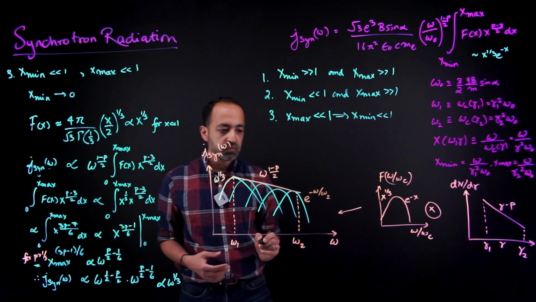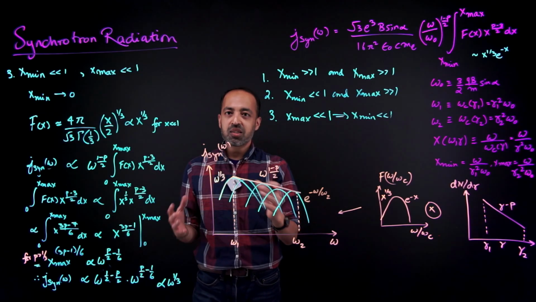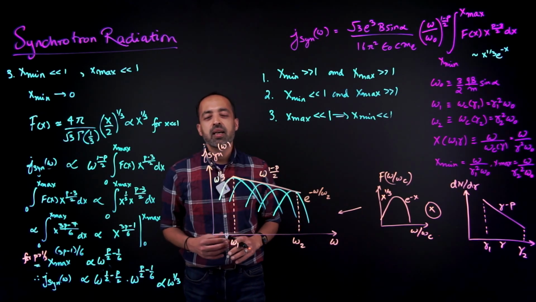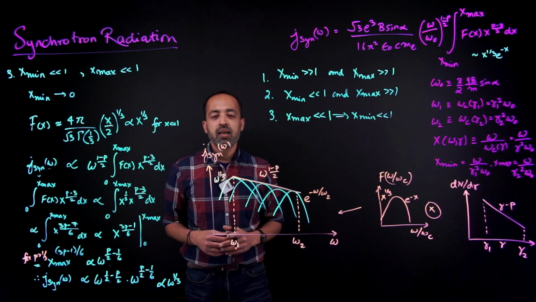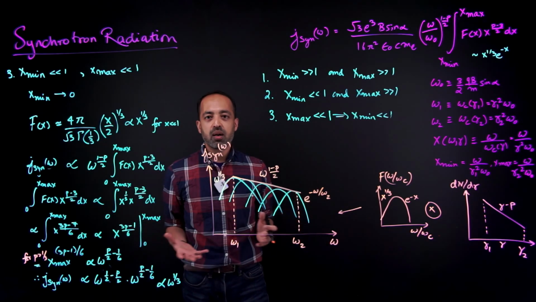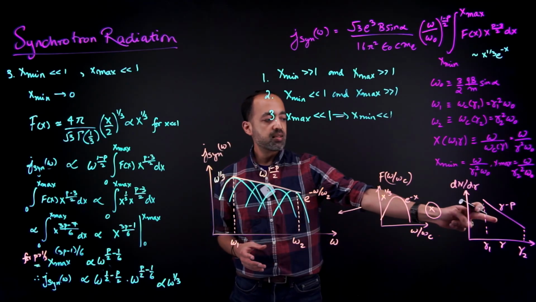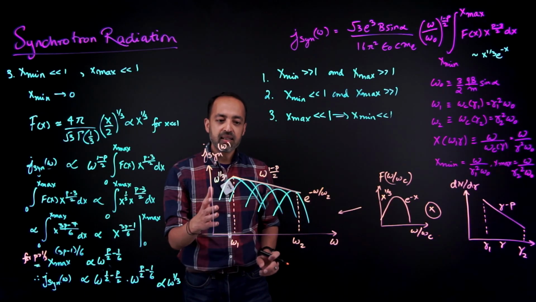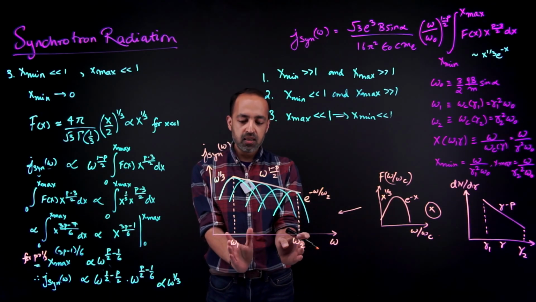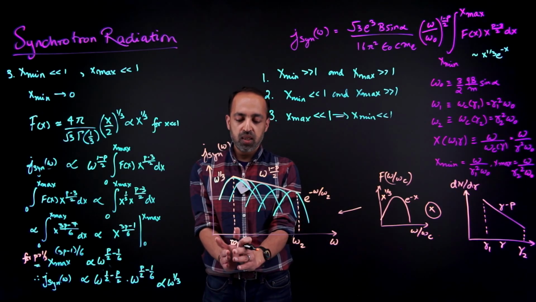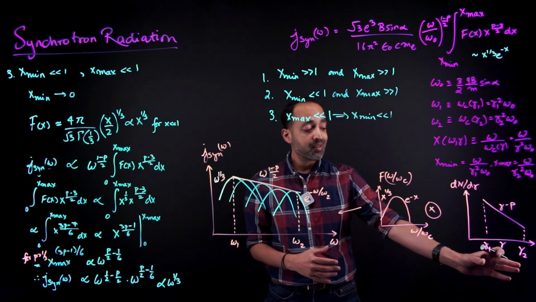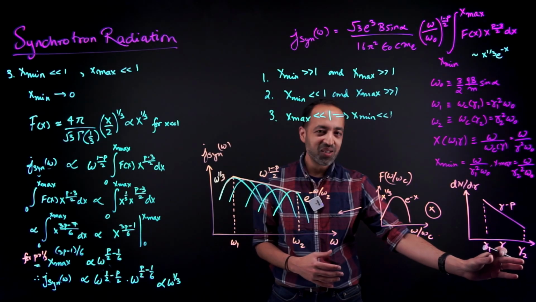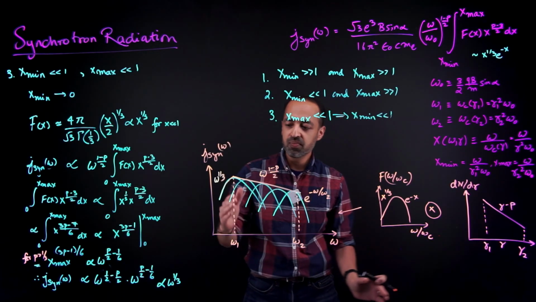So the radiation spectrum from a power law distribution of particles, in the absence of self-absorption, in the absence of synchrotron cooling, and the absence of other effects that would change this distribution of particles, results in a power law in some spectral range between two frequencies which correspond to the characteristic frequencies of radiation of the electrons at the ends of that distribution.